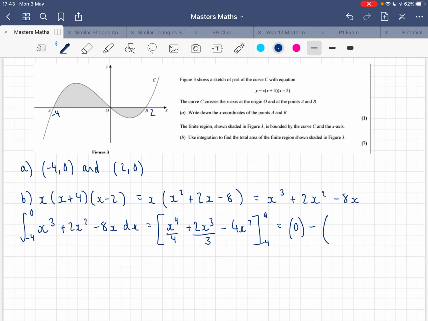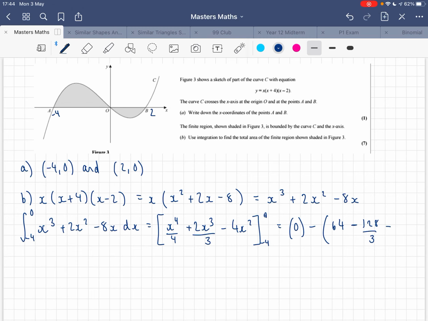So that is going to give me 0 for the first bracket minus 4 to the power of 4, which is 256, over 4 is 64. So I have 64 minus 64 times 2 divided by 3, which is just 128 over 3.